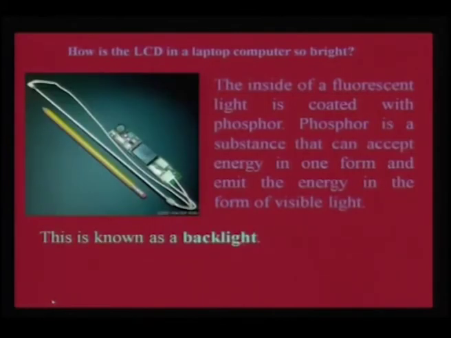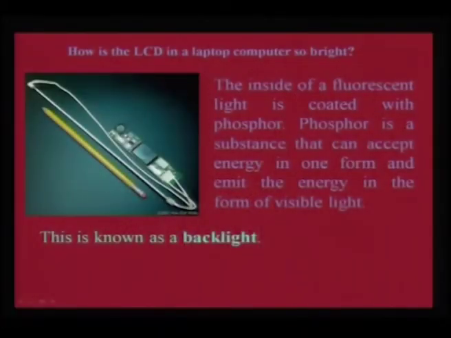And lastly, I would like to leave you with one more thought. Whenever we handle LCD laptop computers which we normally use, the bright color that comes out is actually because of the phosphors. You have a very sleek fluorescent lamp like this, and this pencil is kept there for comparison.